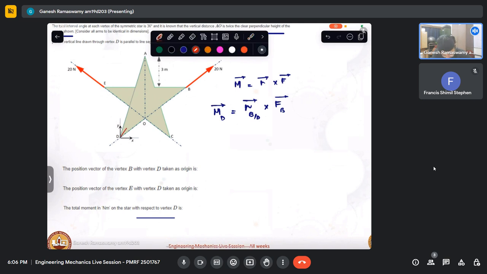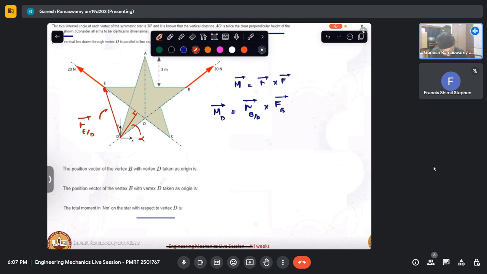In this question, this is given to be 3 meters, while this is perpendicular. If this is R of E with respect to D, let me call this distance alpha.